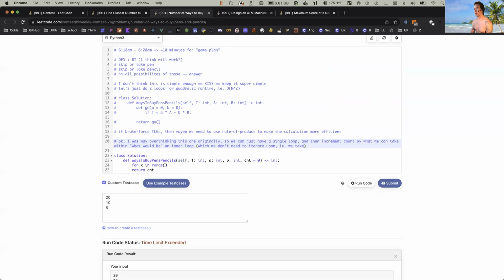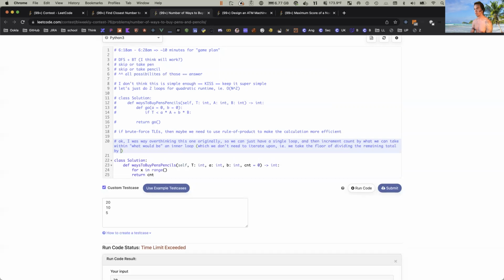Now we take the floor of dividing the remaining total by what's left from the outer loop. I think that works.